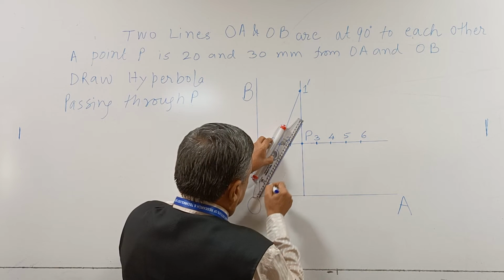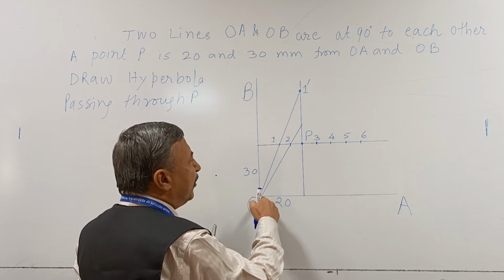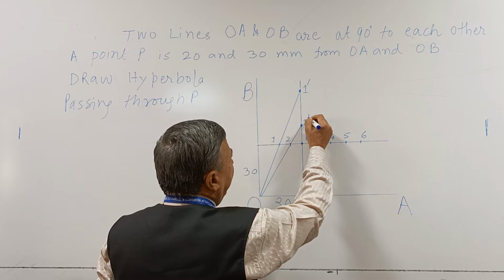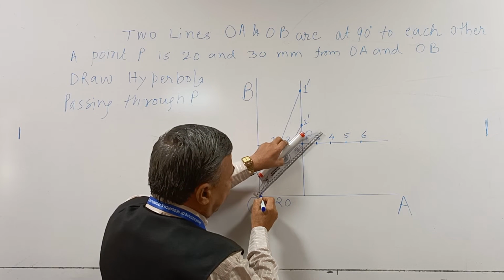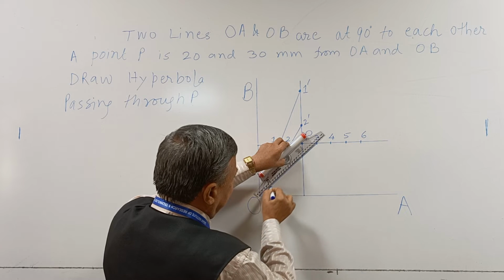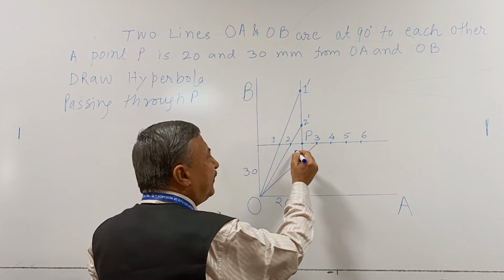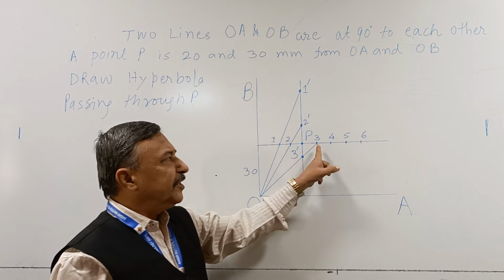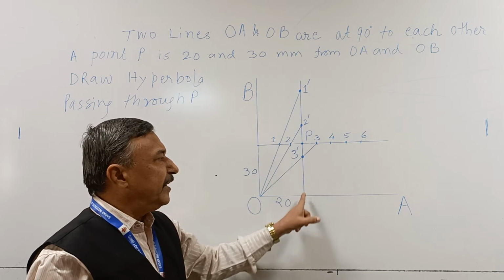Same way, by the same process, you join 2 to O and extend. Here you get point 2 dash. Now if we join O to 3, we get an intersection point on this vertical line.